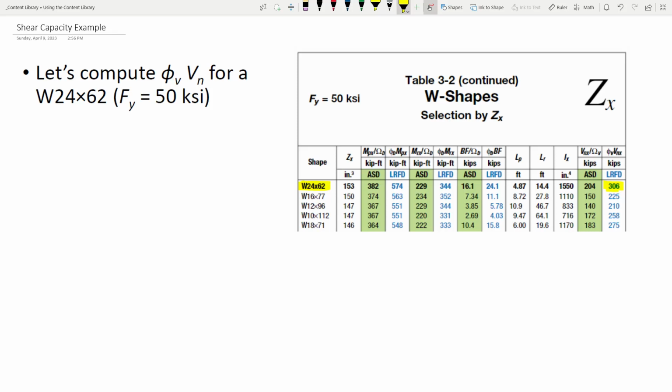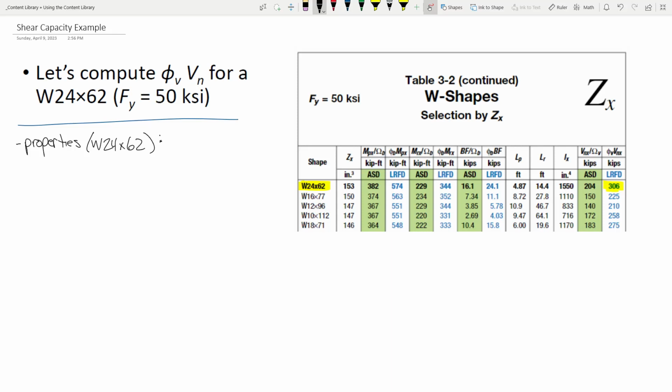In this example, I actually don't even have written out. I don't have this one calculated, so we're going to do this one together. All right. So in order to compute the capacity, first off, let's look up some properties for a W24x62.